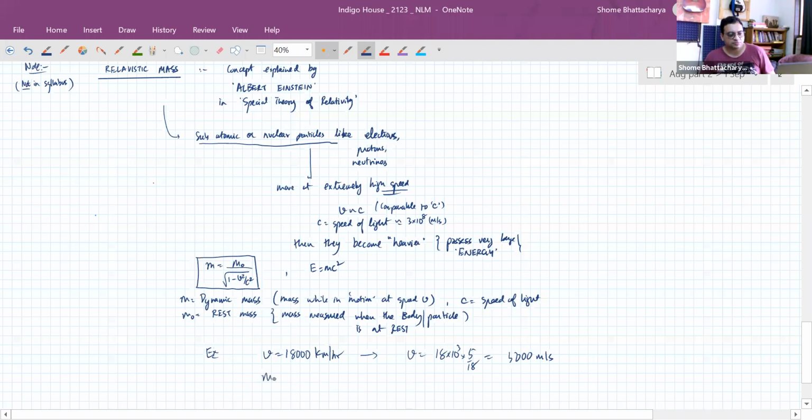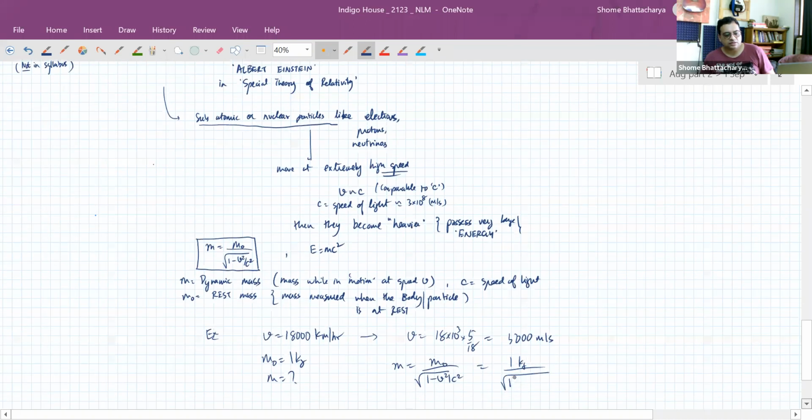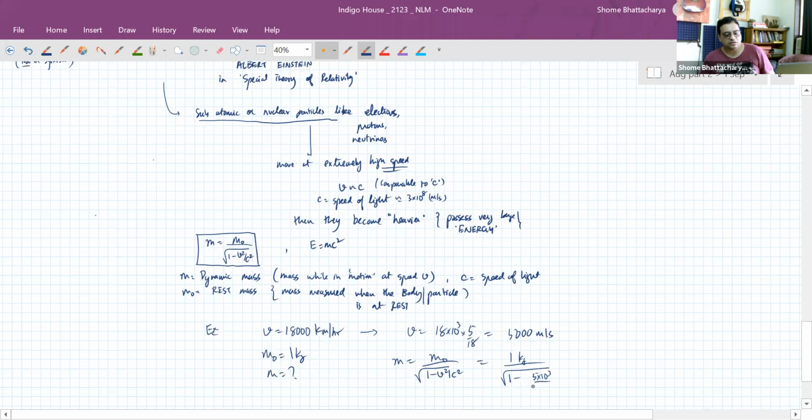So now let's see what will be the relation between them. Suppose its rest mass is 1 kg, and we want to calculate its dynamic mass. Its dynamic mass is the rest mass upon root of 1 minus v square by c square. So it is 1 kg divided by square root of 1 minus 5 into 10 raised to power 3 divided by 3 into 10 raised to power 8, whole square. So it's 1 kg upon square root of 1 minus (1.67 or 5 by 3 into 10 raised to power minus 5) whole square.